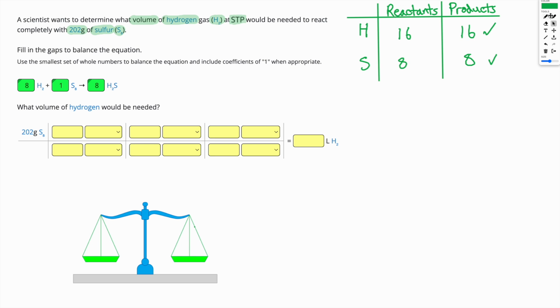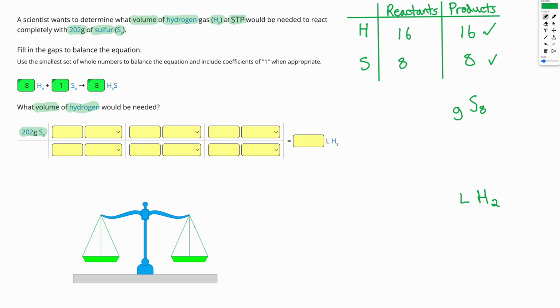Now let's have a look at our question. So we're trying to figure out the volume of hydrogen needed, and we're starting out with 202 grams of S8 sulfur. So we're starting with grams of S8. We're trying to get to liters of hydrogen gas. So first we've got grams of S8.